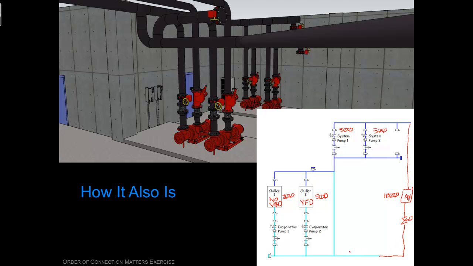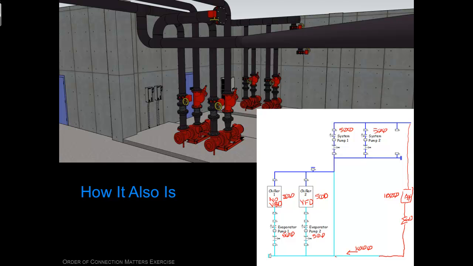So let's look at what's going on here at full load. At full load, we'd have 1,000 gallons per minute coming back to the plant. And you get to this T. Now, at full load, both of these chillers are running, so you've got 500 GPM going here and 500 GPM going here.